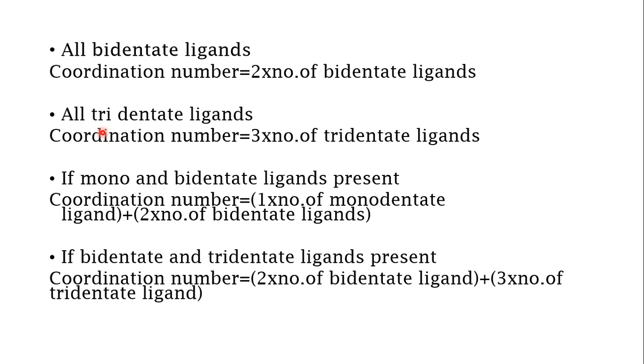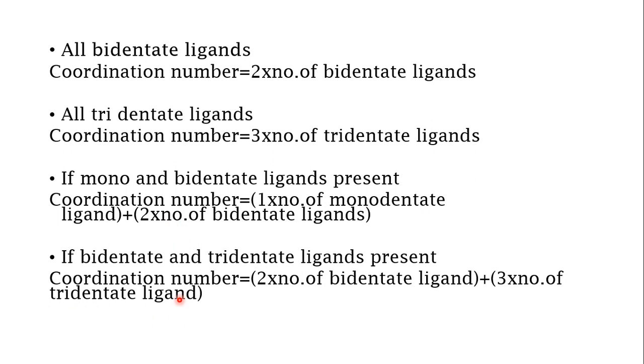If all the ligands present are tridentate ligands, tri means 3, each ligand has 3 donor atoms. Then your coordination number will be 3 into the number of tridentate ligands. Next, if there is a combination of monodentate and bidentate ligands within a complex, the coordination number is 1 into the number of monodentate ligands plus 2 into the number of bidentate ligands.